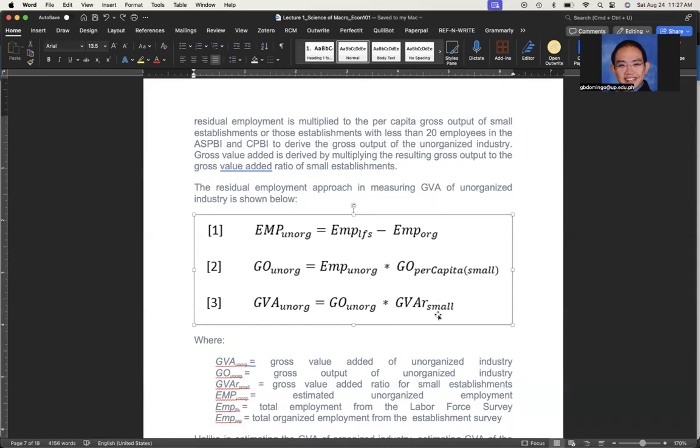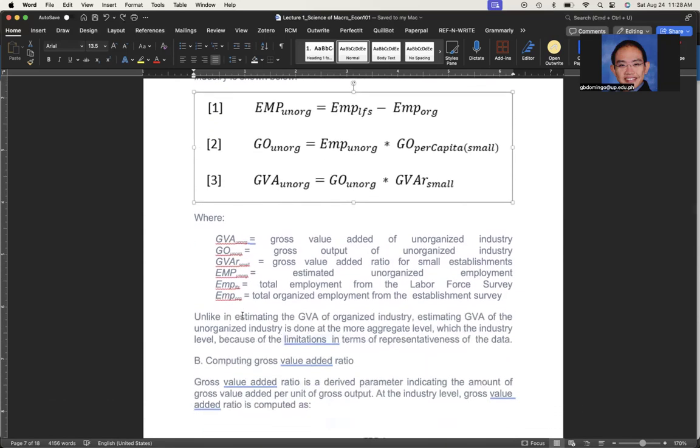That's why it's a ratio where the denominator is output, and so the output cancels out. Gross output is in the numerator, and there's a gross output in the denominator, and that goes away. What remains is basically the estimated GVA for the entire unorganized sector of the industry.